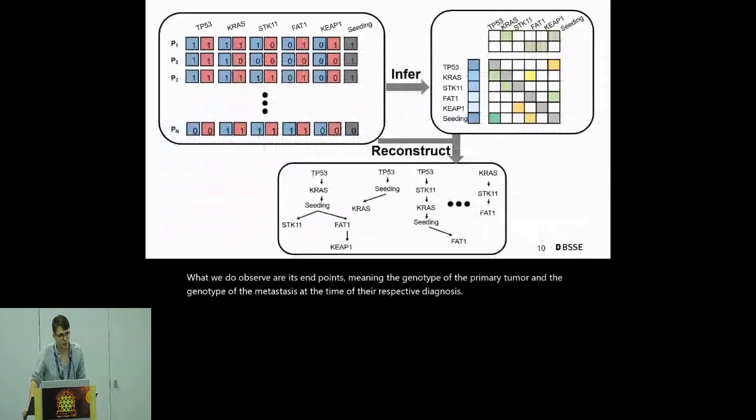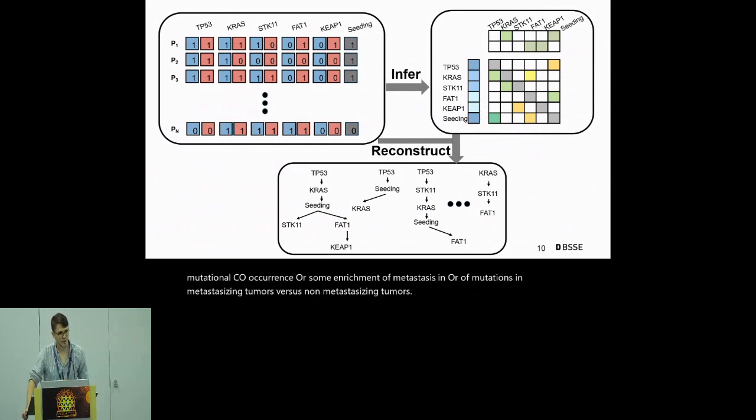We observe this not only from a single patient, but rather from a whole cohort of patients. And from there, we can investigate trends among them, some patterns, for example, mutational co-occurrence, or some enrichment of mutations in metastasizing tumors versus non-metastasizing tumors.